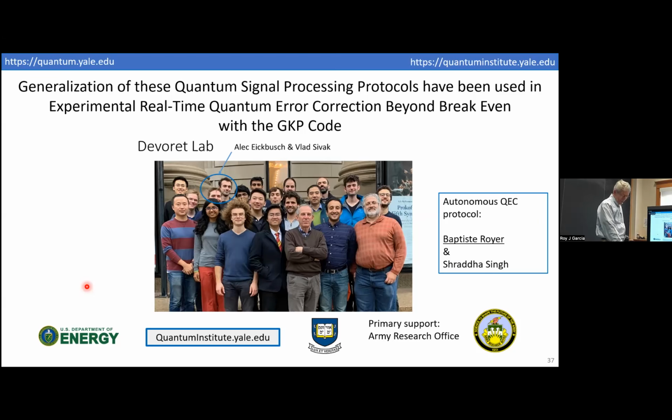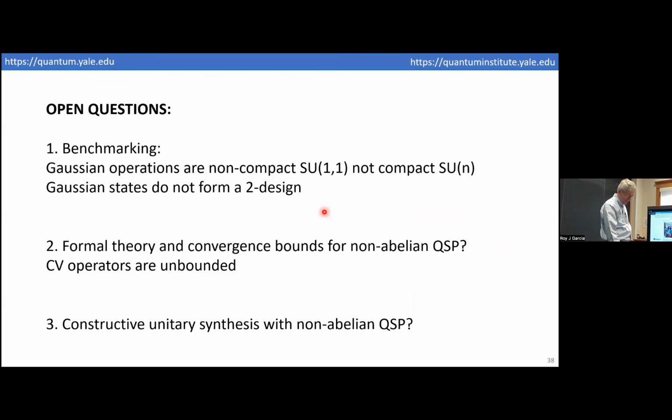And my postdoc, Baptiste Royer, used that to invent an autonomous error correcting scheme for the GKP, which was put in place in Michel's group and holds the current record for error correction gain. That's a whole separate 1 hour talk.